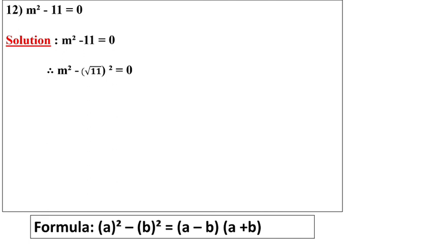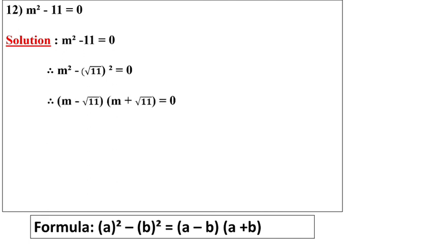And the last sum is given: m square minus 11 equal to 0. 11 is not a square of any number but is the square of under root 11. So we'll take here the same formula, m square minus under root 11 whole square. Both are squares, so we can use the formula a square minus b square equal to a minus b, a plus b.